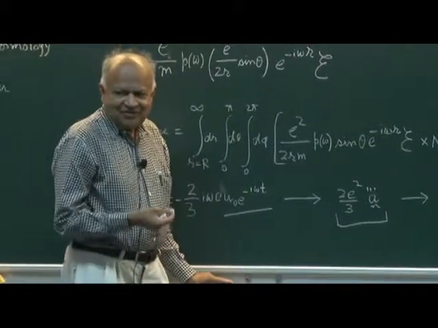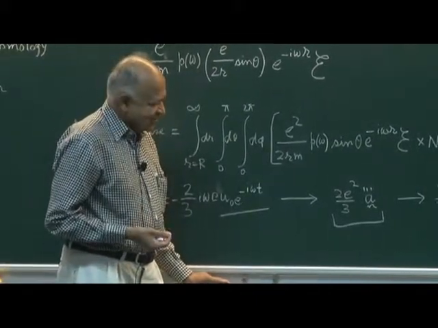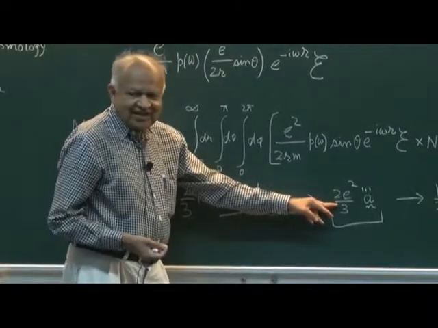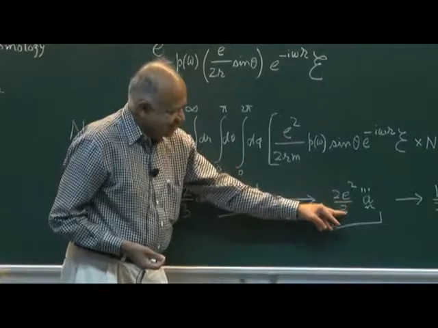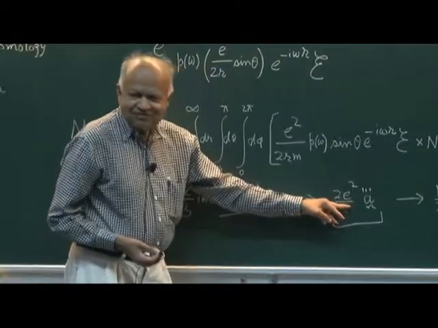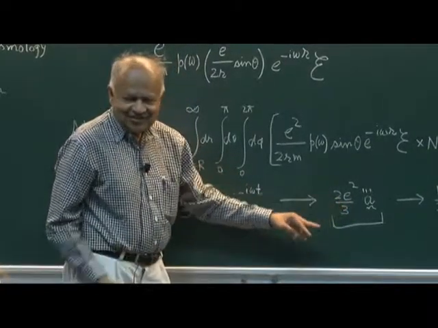You remember in my first talk I mentioned this was the formula Dirac had also used. So, that 2/3 E square, there is a power of C cube here, I have put C equal to 1, that is why it is not there.